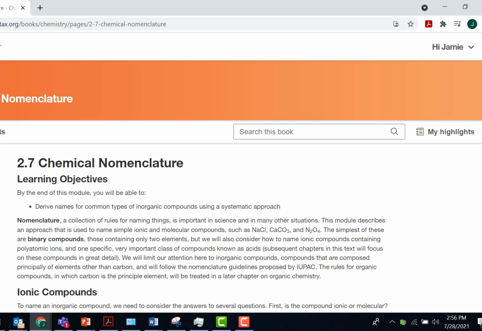I did want to leave you with, however, that part of the reason for this kind of segue is because the most important thing when we name compounds is making that decision of whether we have an ionic compound or a molecular compound.